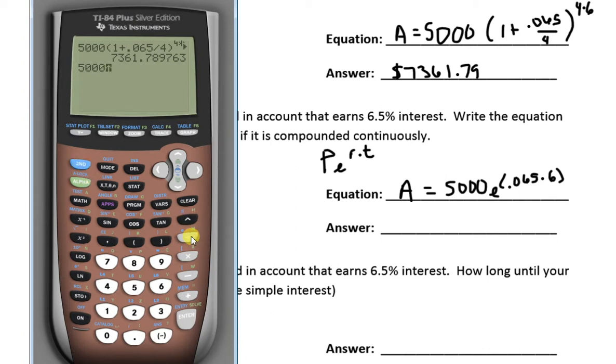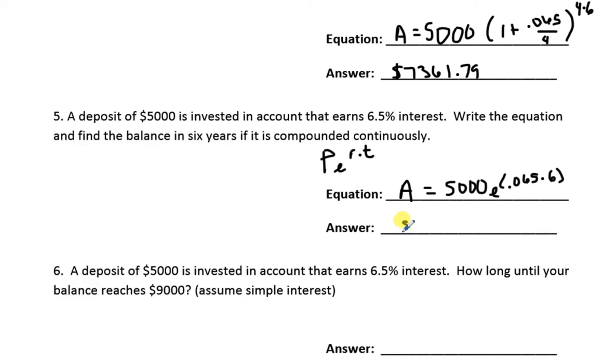Hit the second button and division symbol. And then I raise it to the exponent of, I'll put it in parentheses here, 0.065 times 6. It should be a little bit more than 7,361, probably 7,400. Close, $7,384.90.